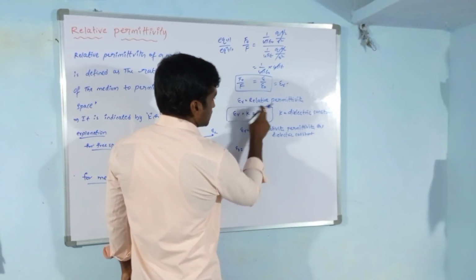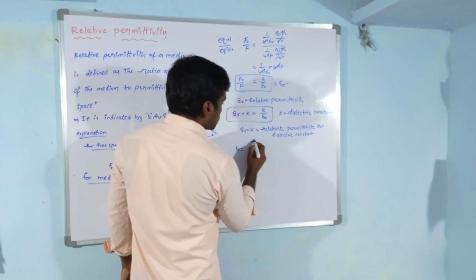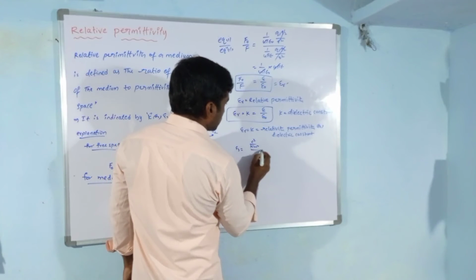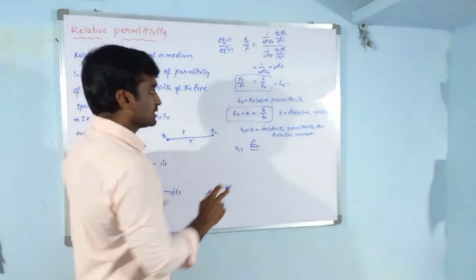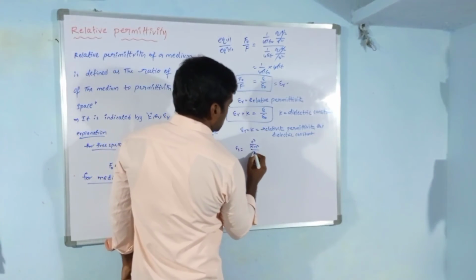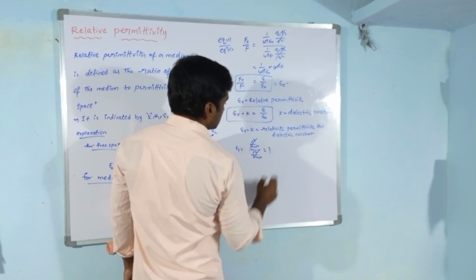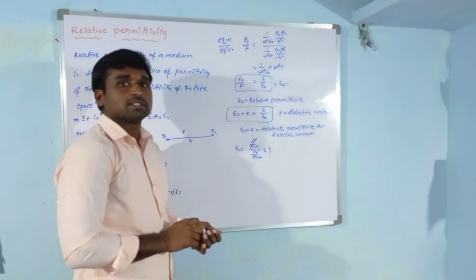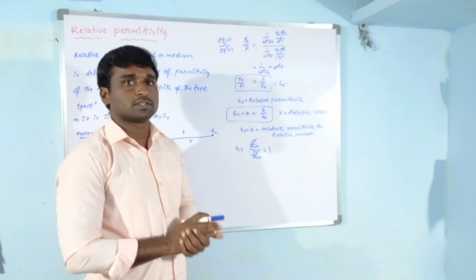The unit of epsilon, the permittivity of the medium, is Coulomb square per Newton meter square. The unit of epsilon naught, the permittivity of free space, is also Coulomb square per Newton meter square. Both get cancelled, giving 1. That's why it has no units and no dimensions. It is just a ratio.